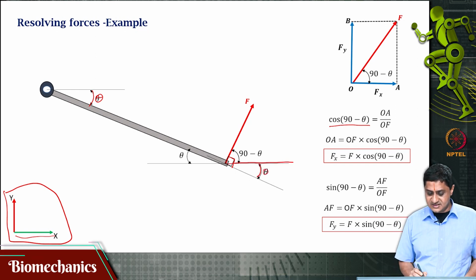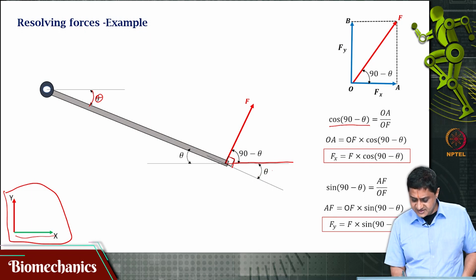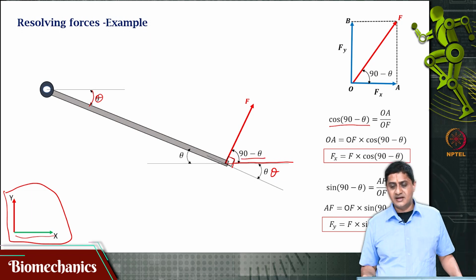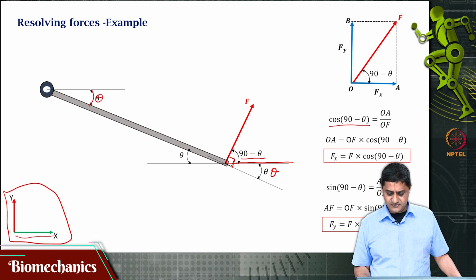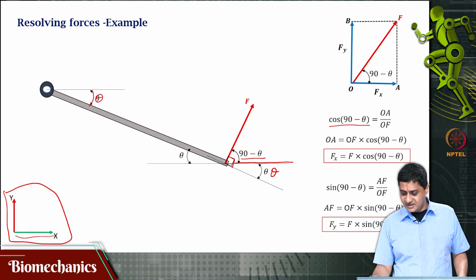Why is that? These are alternate angles. Because this angle is theta and the total angle is 90 degrees, this angle becomes 90 minus theta. So, Fx then is F times cos of 90 minus theta.